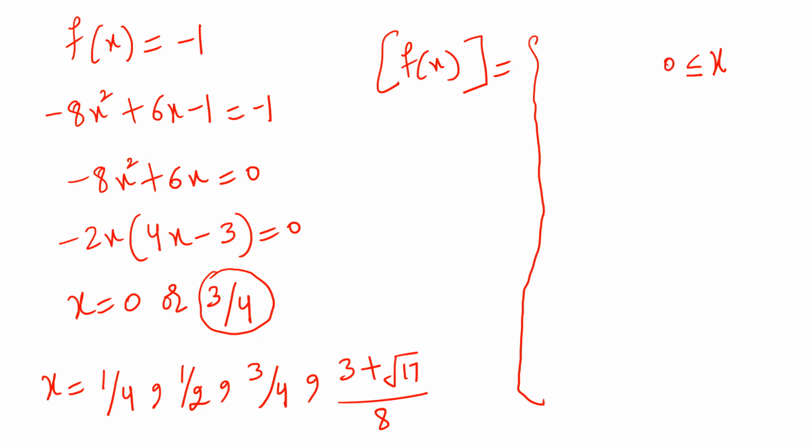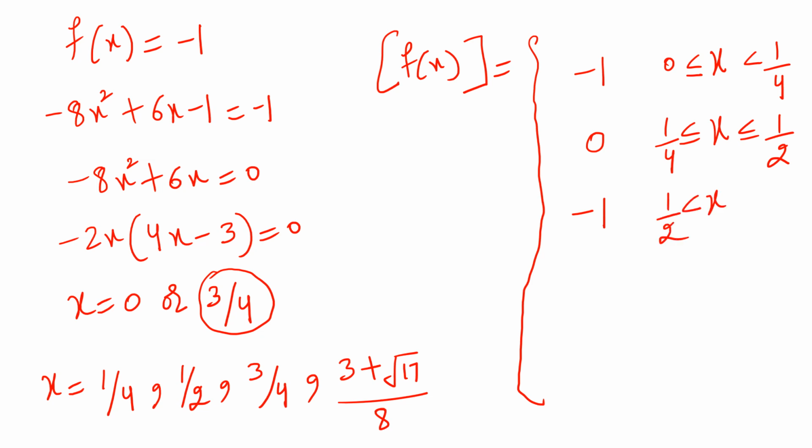Now when x is greater than or equal to 0 and less than 1 upon 4, then the value of the greatest integer function of f of x is minus 1. When x is greater than or equal to 1 upon 4 and less than or equal to half, its value is 0. It becomes minus 1 again when x is greater than half and less than or equal to 3 upon 4.